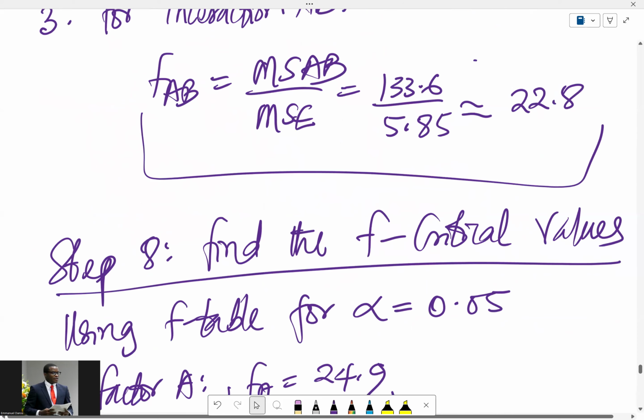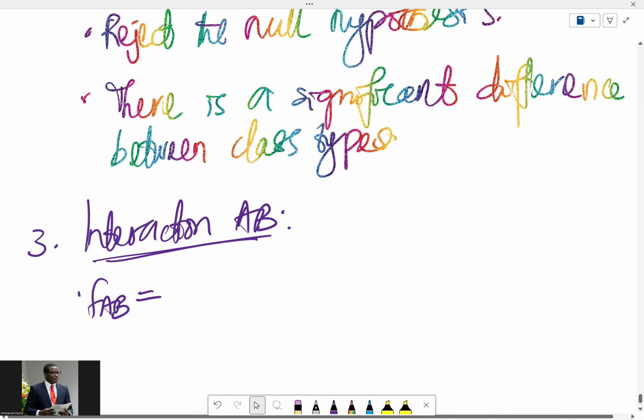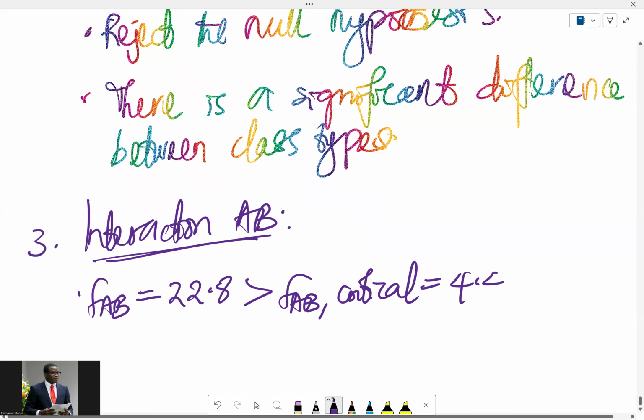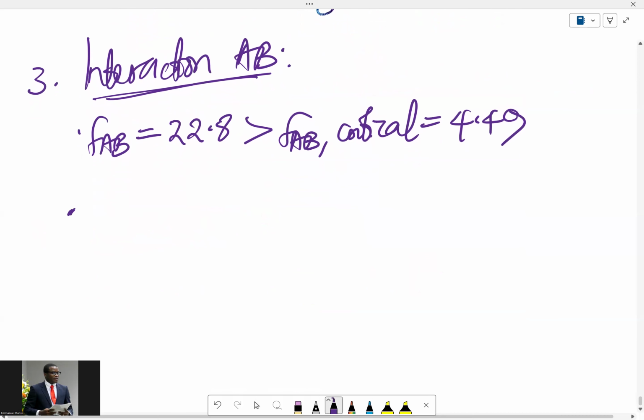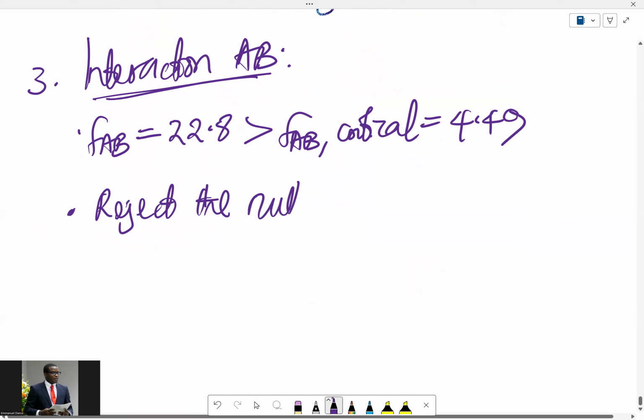Again, that's bigger. So 22.8 is greater than FAB critical, which again is still 4.49. Once the test statistic is greater than the critical value, we have to reject the null hypothesis in all the 3 situations here.